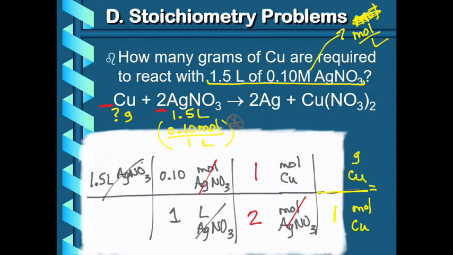Again, molar mass, it's understood per 1 mole, and the mass for grams comes from the periodic table, and copper's mass is 63.55. Again, that's from the periodic table. Multiply all the numbers you see on top. Divide by any numbers you see on bottom to get your answer, and our final answer is 4.8 grams of copper.